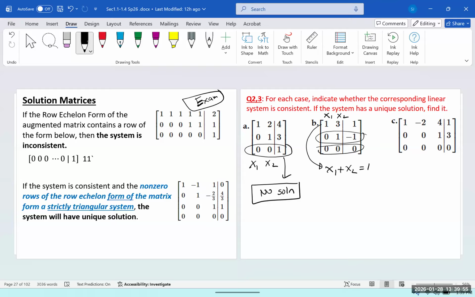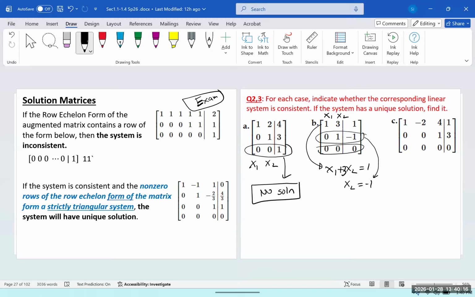And the second row is telling us x2 is -1. So x2 is -1, and x1 plus 3x2, I forgot my coefficient, x1 plus 3x2 is 1.